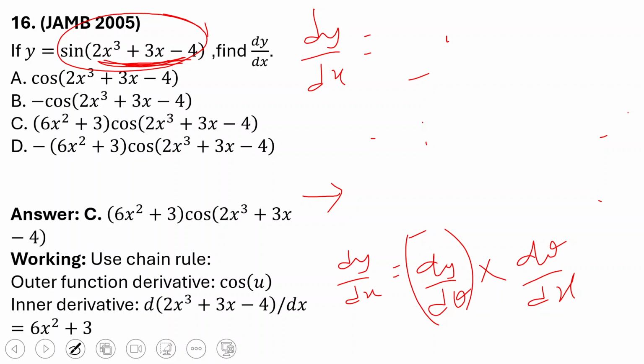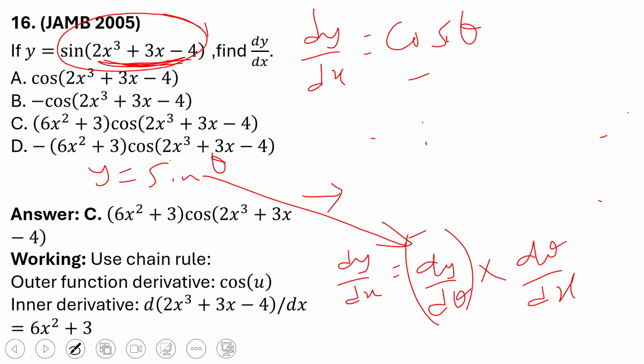Y is equal to sine theta. That's the first one. So you're differentiating dy/d theta. The differential of sine theta is cos theta. So I will now put cos theta here. That's the first one.